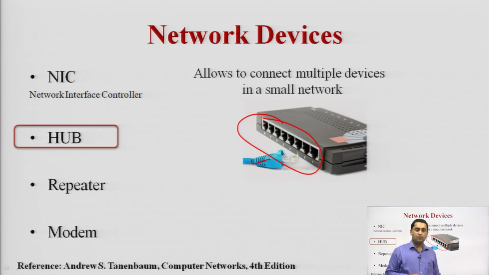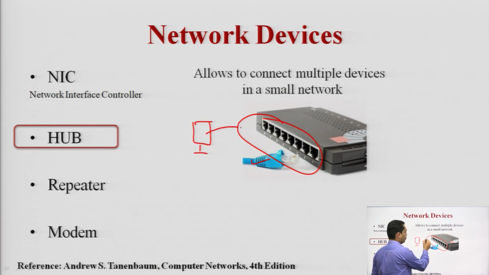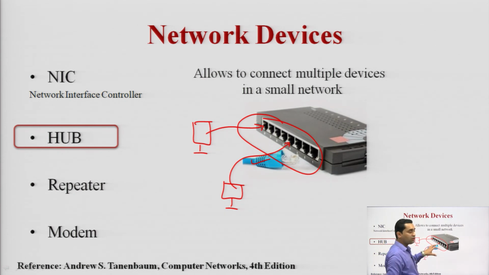As we have seen in the star topology, we can see how the data traverses from one computer to another. Suppose one computer is connected to the hub on this port, and my second computer is attached on this port. In a single device, multiple slots are available and I can connect multiple computers.